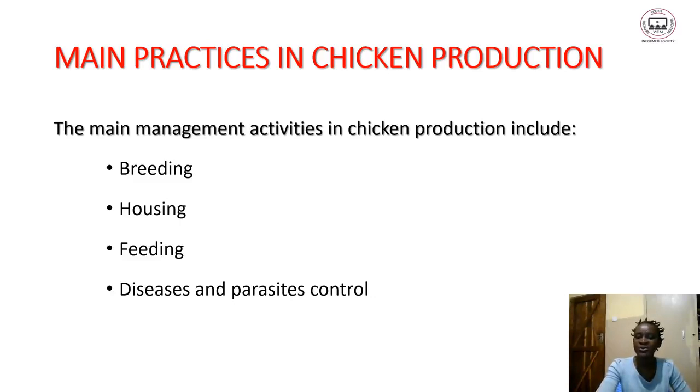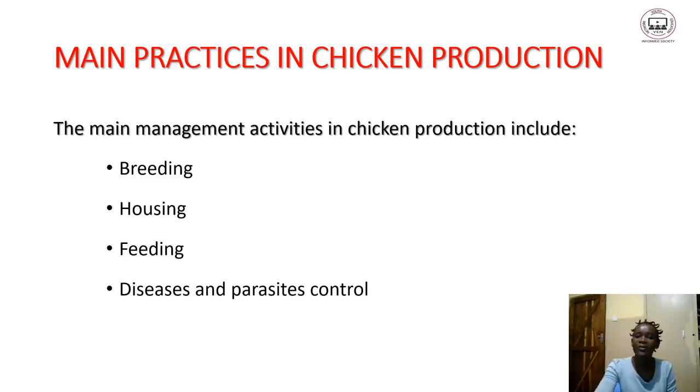So in order for us to boost chicken production, we'll need good genetic makeup, as well as we should not forget the phenotype. Environment is also very, very important. Environment will also contribute in chicken production.